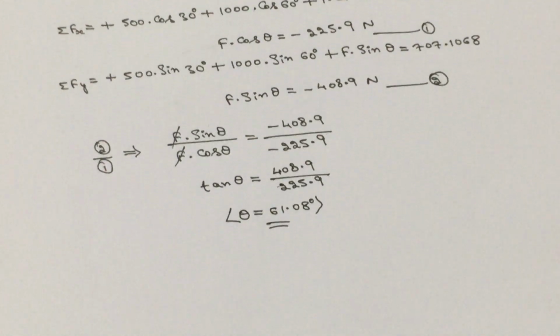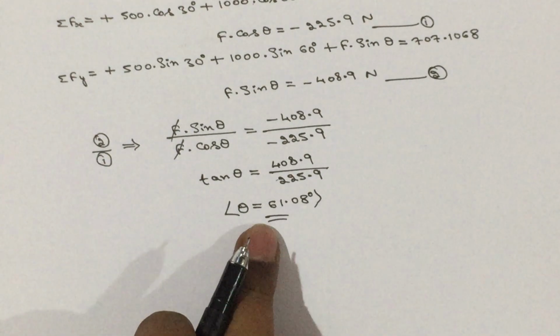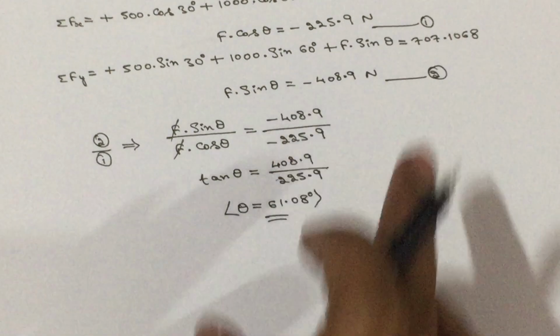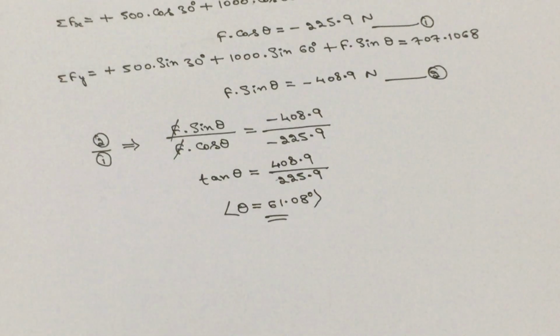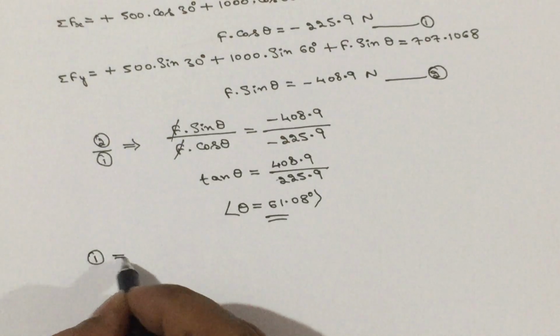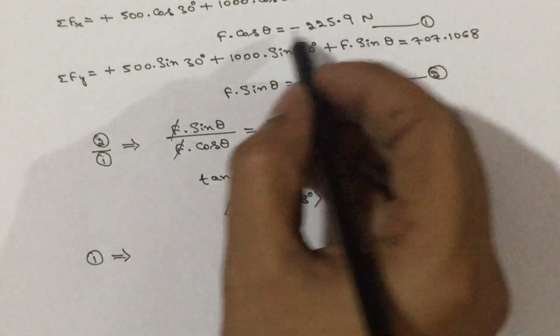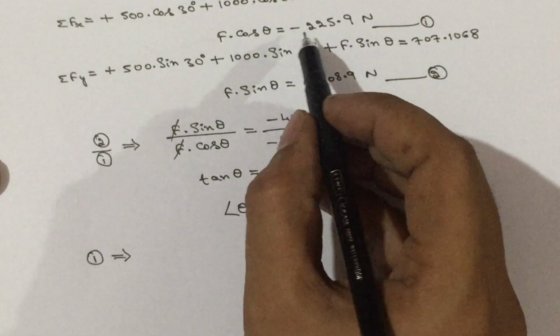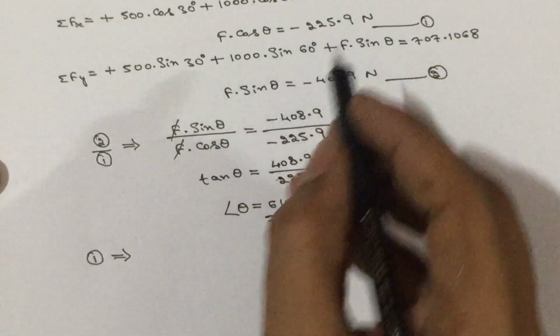Once you get theta value, substitute this theta value either in equation 1 or equation 2. So I am going to substitute in equation 1. From the equation 1, that is F cos theta is equal to minus 225.9.